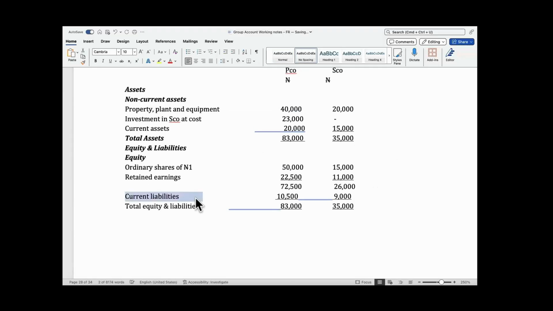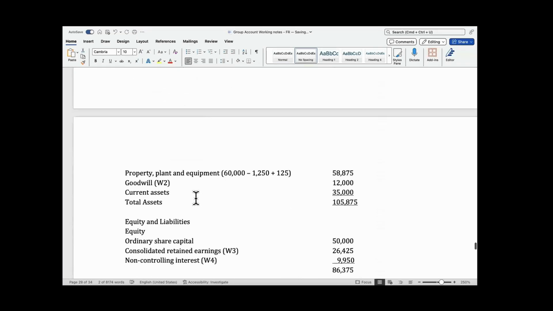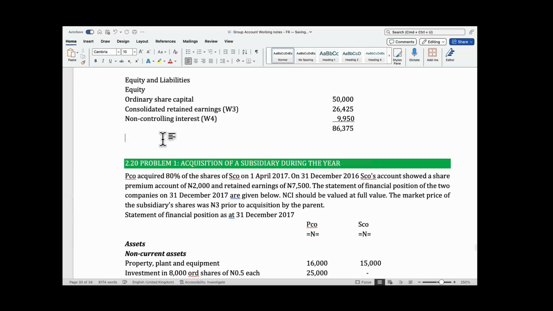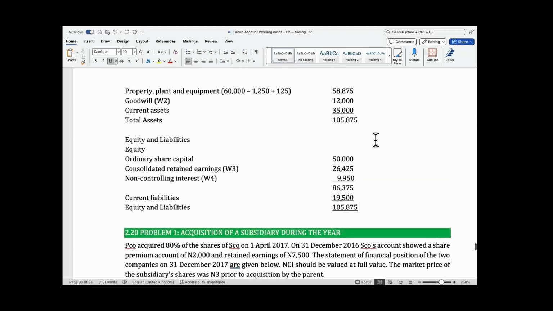Current liabilities, 19,500. What is the addition? 105,875.